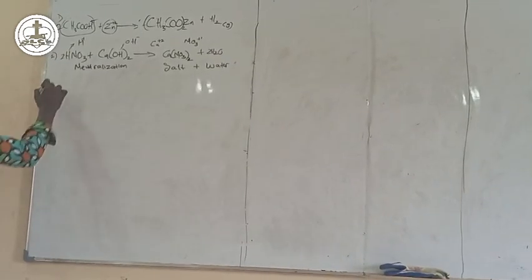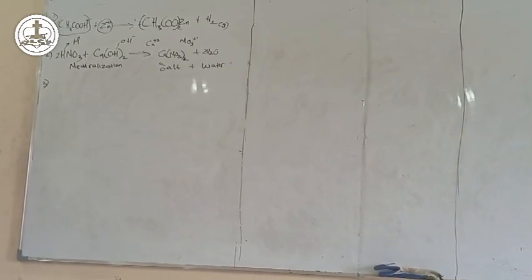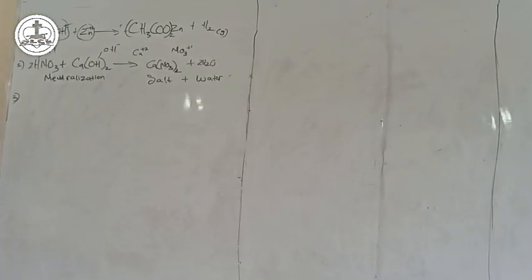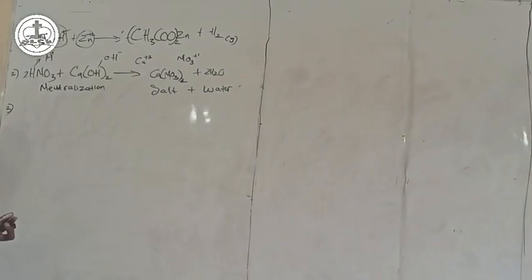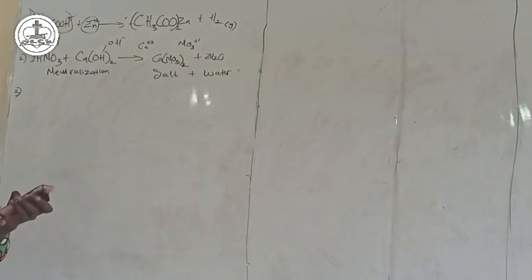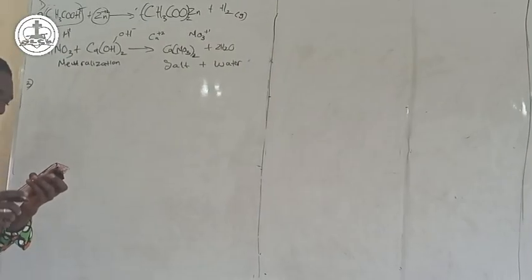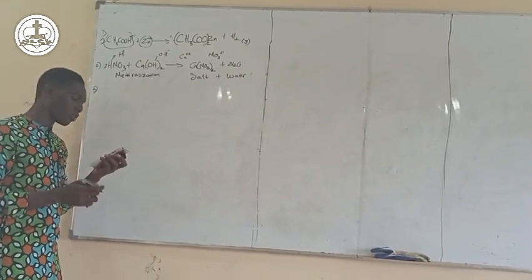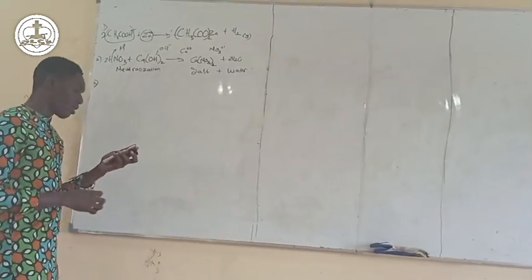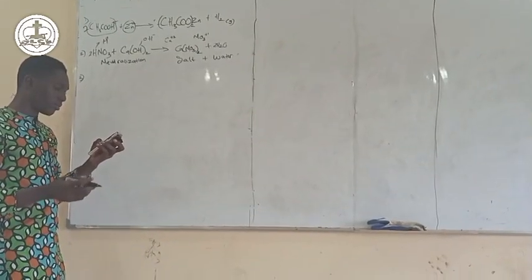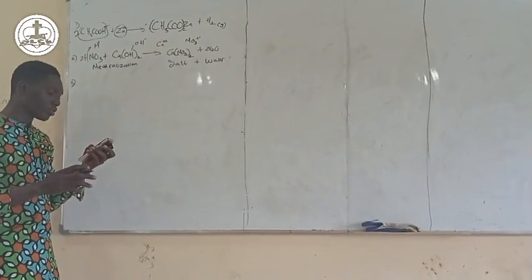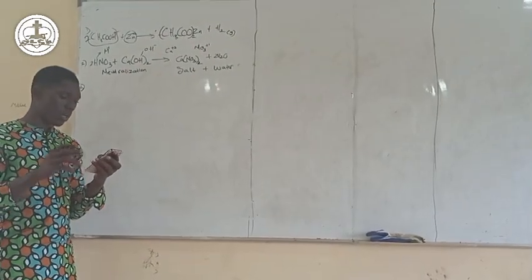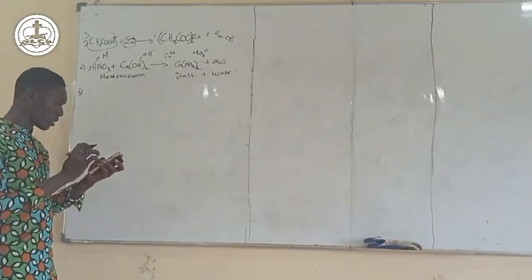So we go to the third question. The third question says the following substances are non-electrolytes except: A, chloroform; B, sugar cane; C, acetic acid; D, NaCl, that is sodium chloride; then E, C and D. All these substances that are mentioned, they are all electrolytes.